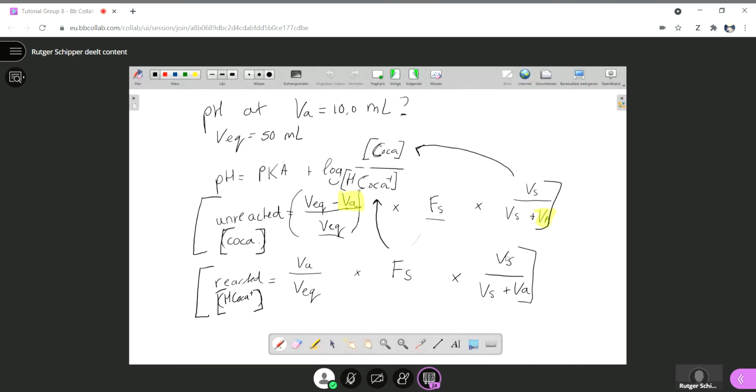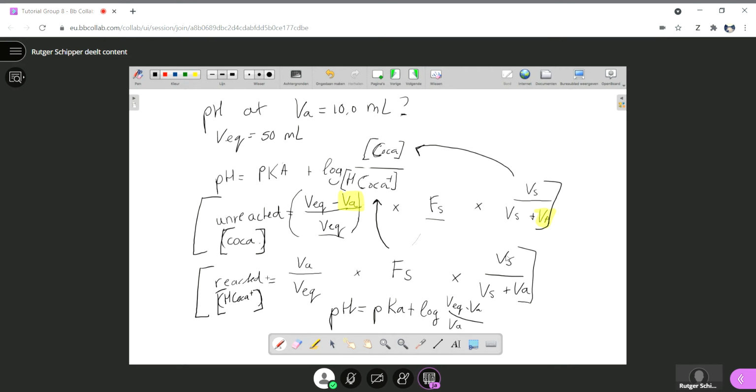There are two formulas which you can use to calculate the unreacted fraction and the reacted fraction, which are listed here. It looks like they are very large formulas and take a lot of time to fill in, but you can rewrite this formula in a very short way. The pH is equal to the pKa plus the log value of the equivalence point minus the volume that we add, divided by the volume that we add.